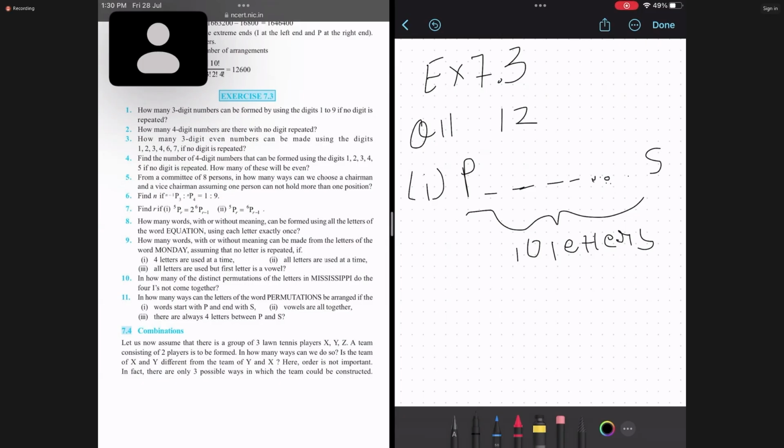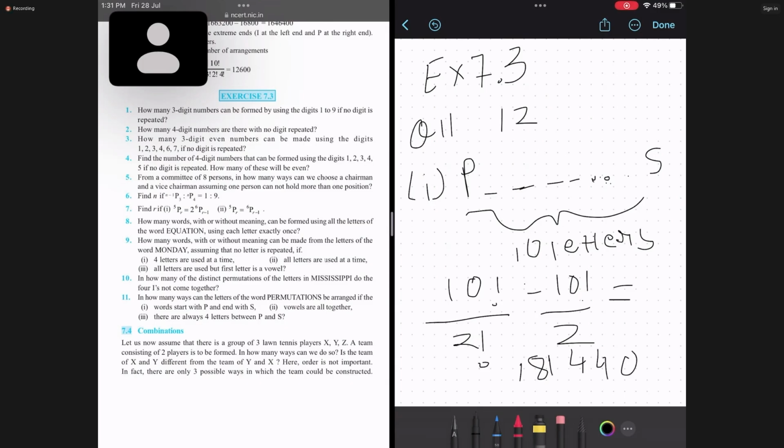So we have 10 letters. Of these 10 letters, only T is repeating, and T is repeating twice. So 10 factorial upon 2 factorial, that is nothing but 10 factorial divided by 2, and that is nothing but 1814400. Correct. And that is your answer.